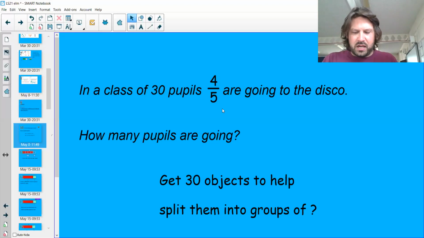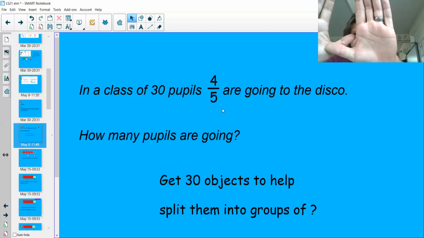So I've split them into 5 groups. They're all equal. I keep saying even. And now, all I need to do is count 4 of these 5 groups to find out how many are going. So that's the first task, and I'm going to pause it there.